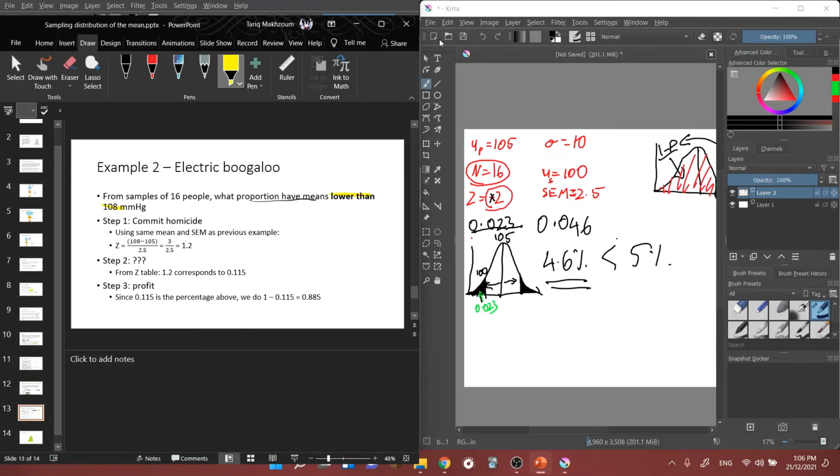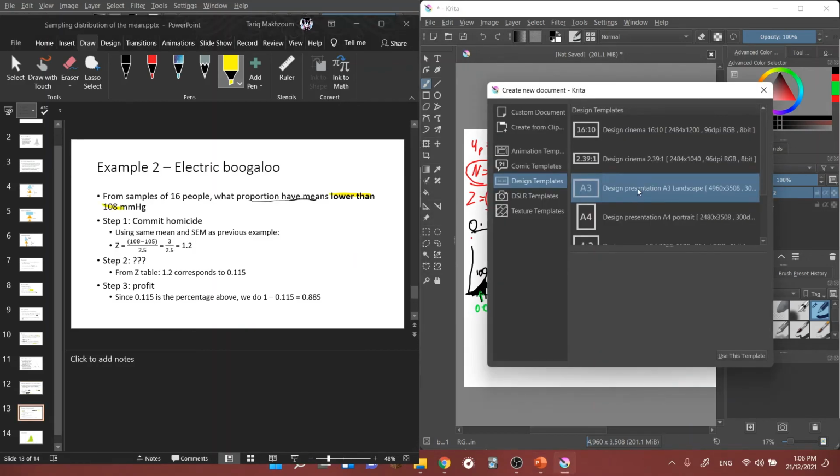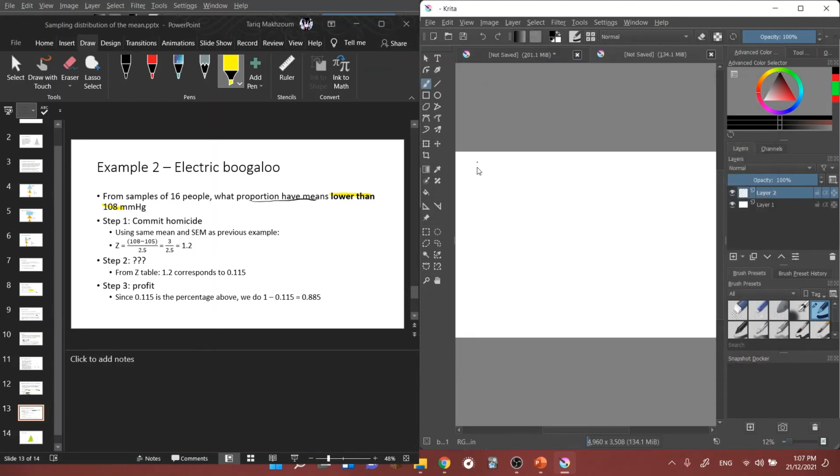So just to give one last example, if you take a sample of 16 people, what's the probability that the mean of the sample is lower than 108? If you take samples of 16, how many of them will have a mean lower than 108?